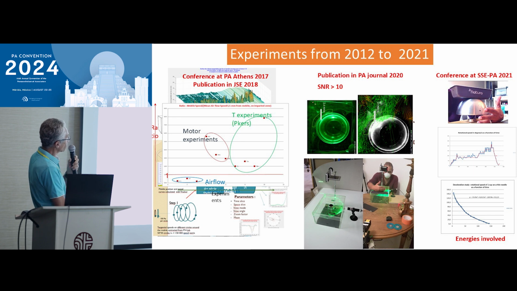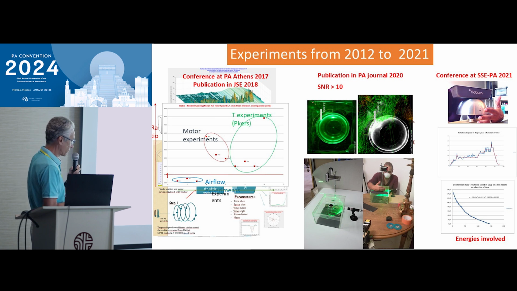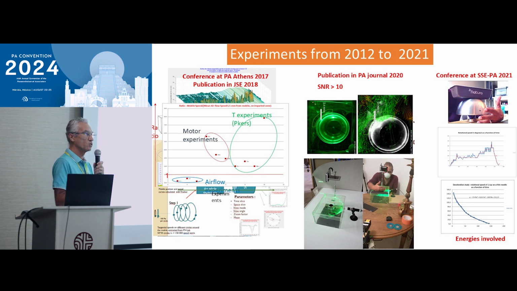This was the first work we published in JSE and presented in Athens in 2017. Then we tried to improve the process, so we built a new bench which was portable, so the PK agent was able to use it at home directly. Here it's Carl Dries, a PK agent working at home. He's able to repeat many trials because he doesn't have to go to a special lab.